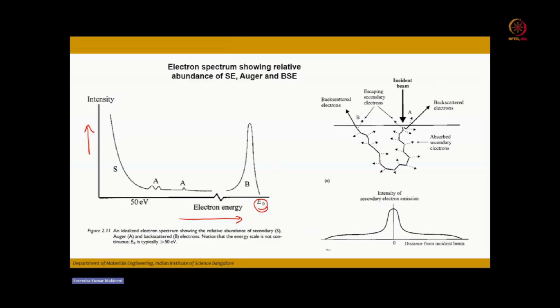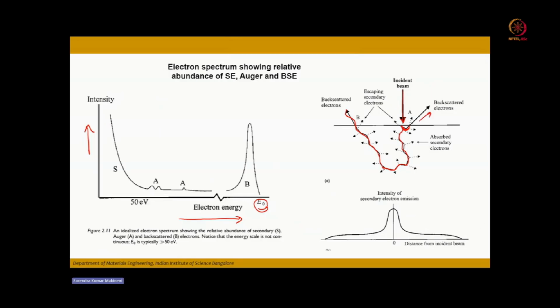Backscattered electrons are those where the incident primary beam loses energy while going into the sample interior, and then comes back as backscattered electrons. It is possible that backscattering occurs at a very low sampling volume, near the surface.